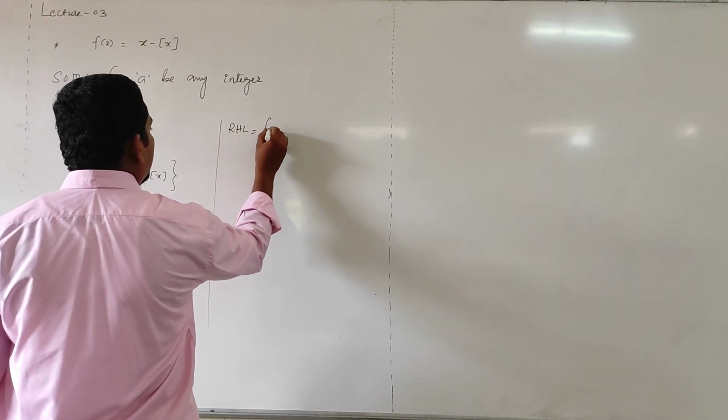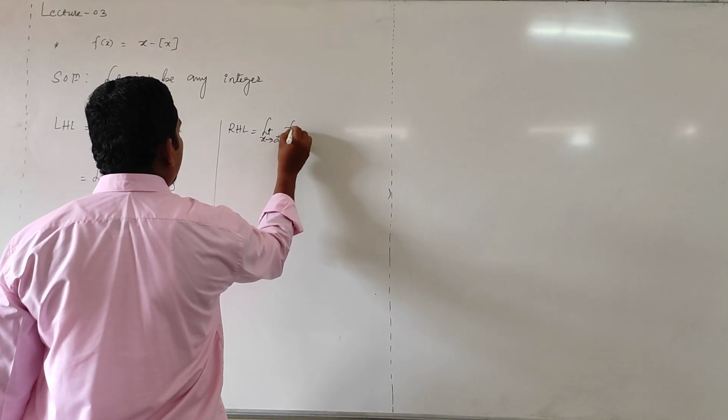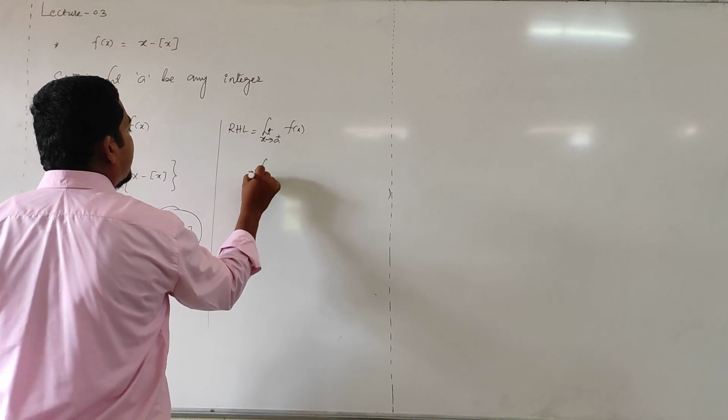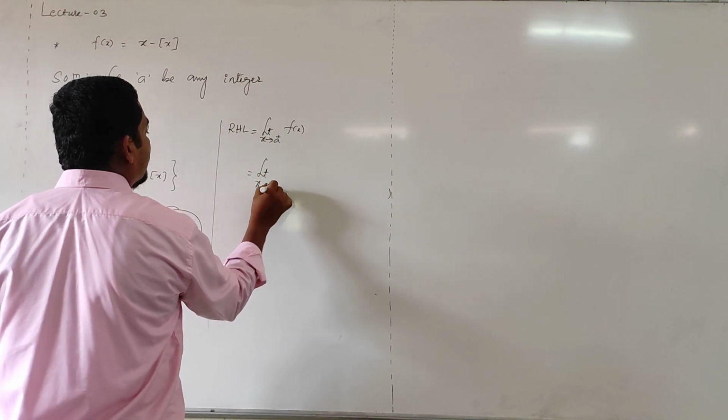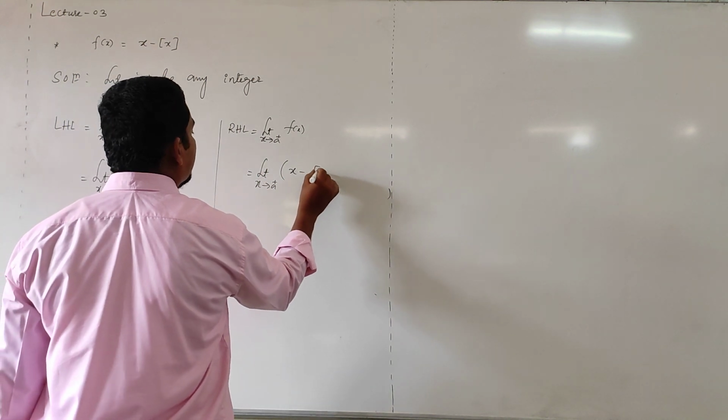RHL is equal to limit as x tends to a plus of f of x. Replace that f of x; our f of x is x minus [x].